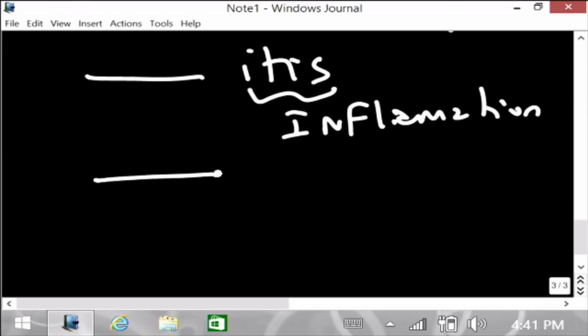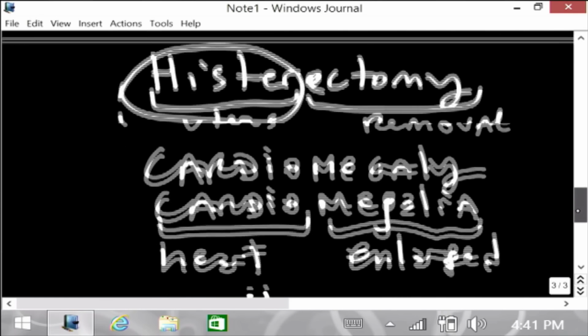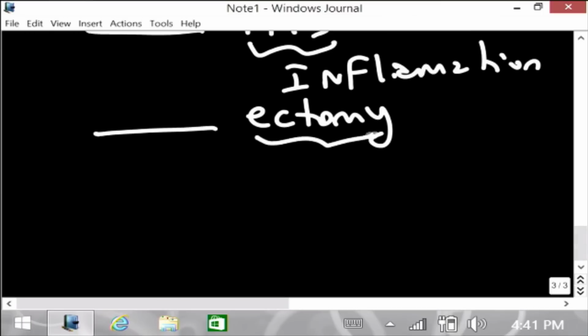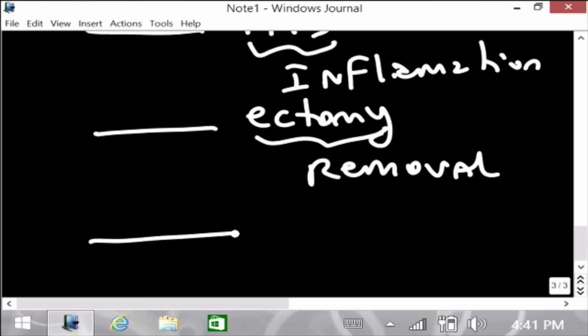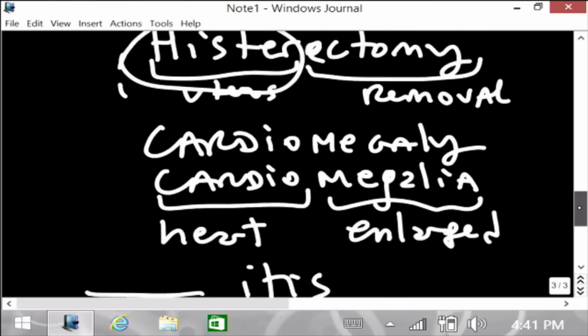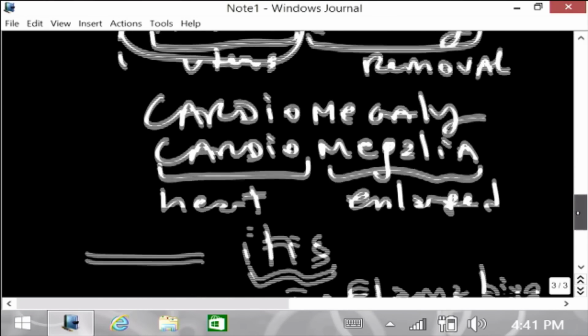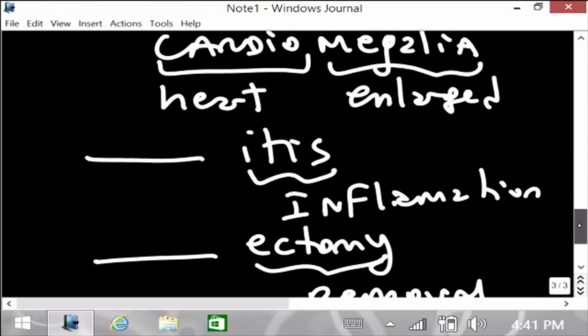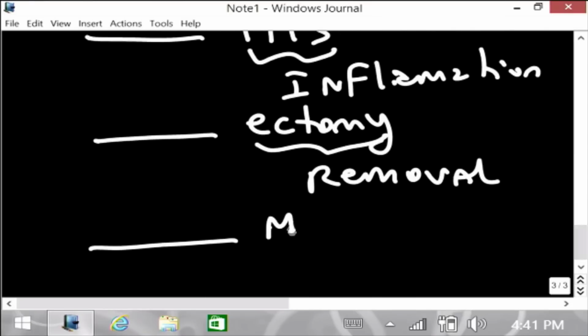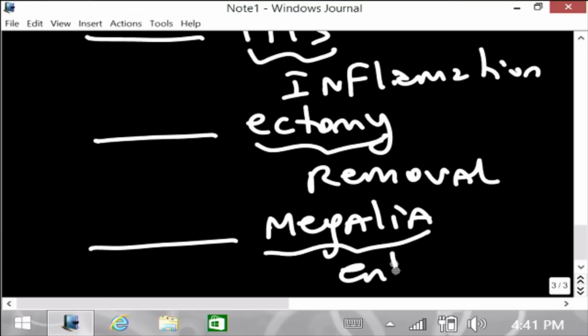A word that ends with ectomy, as we had in the example earlier, this ending always means removal, extirpación in Spanish. And if the other one is megalia, that is enlargement. If it ends like that, that's enlargement.